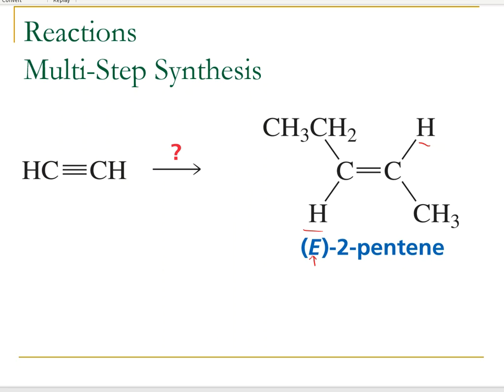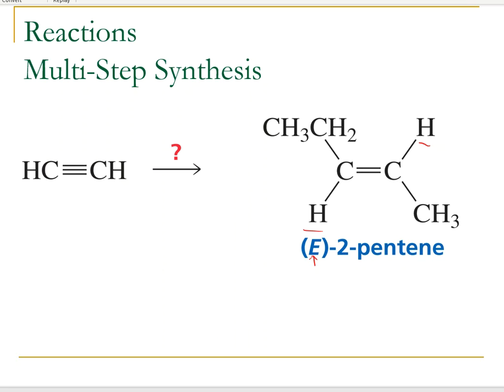So they are giving me the E form or the trans form. Either one of those would have worked here. So I'm going to have to pick a route that will ensure those hydrogens go onto the molecule on opposite sides. We know how to do that. We have that option.